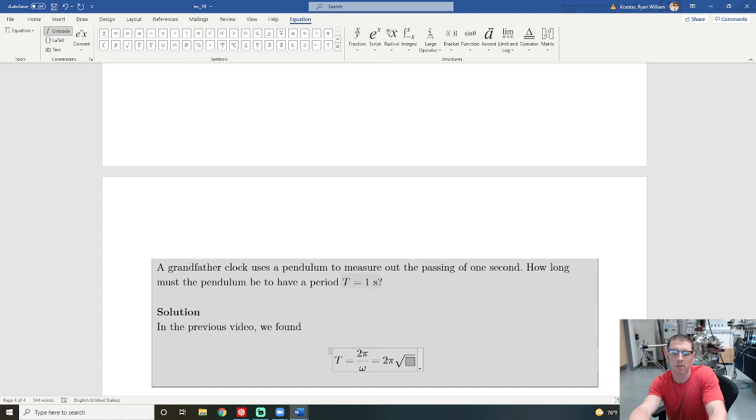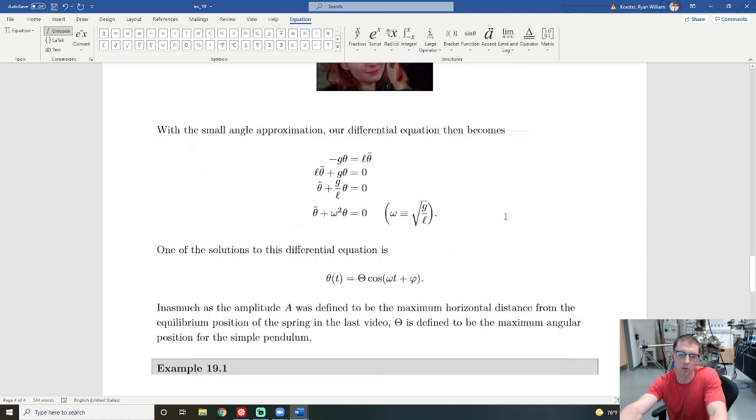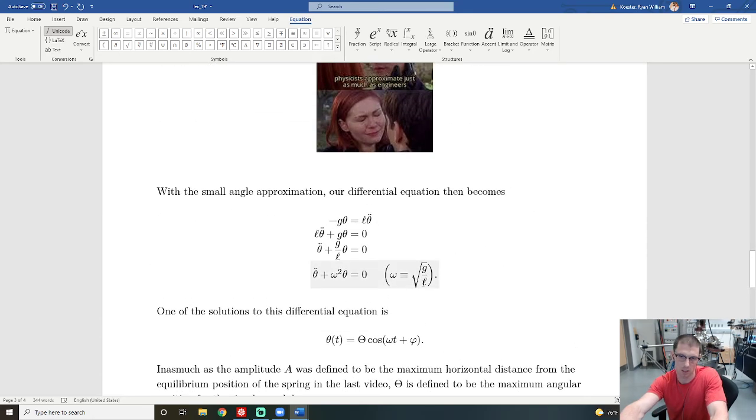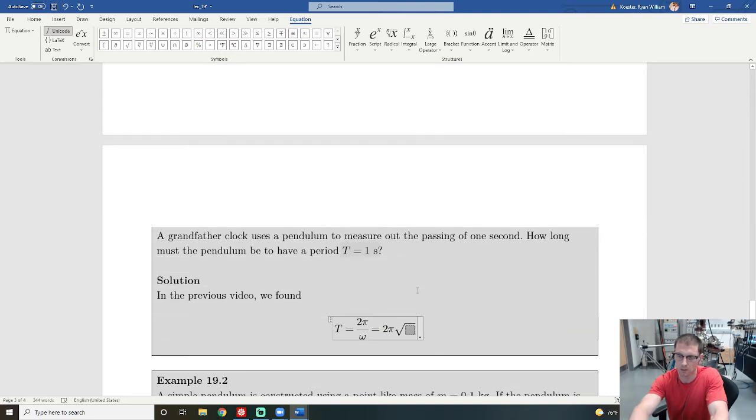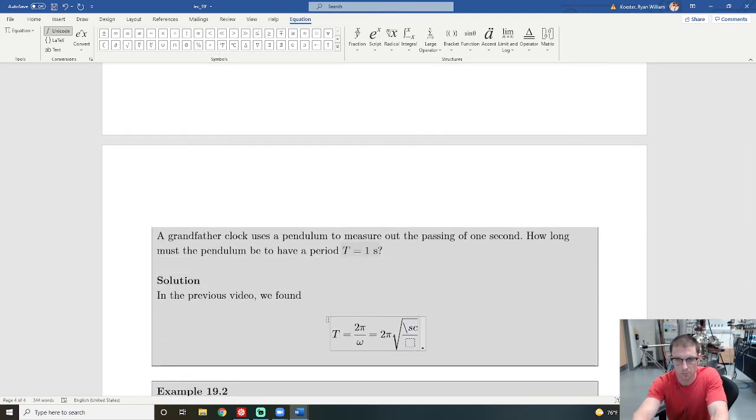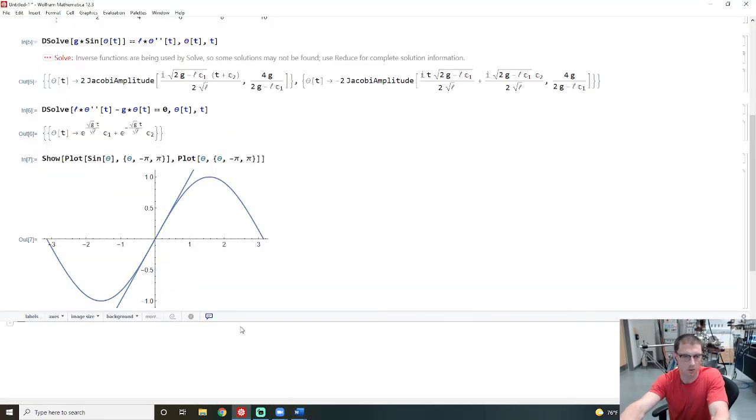Now, 1 over omega is just the square root of L over g. And so let's put that in. And this tells us that T equals 2 pi times the square root of L over g. So we'll solve this, just make Mathematica do it.